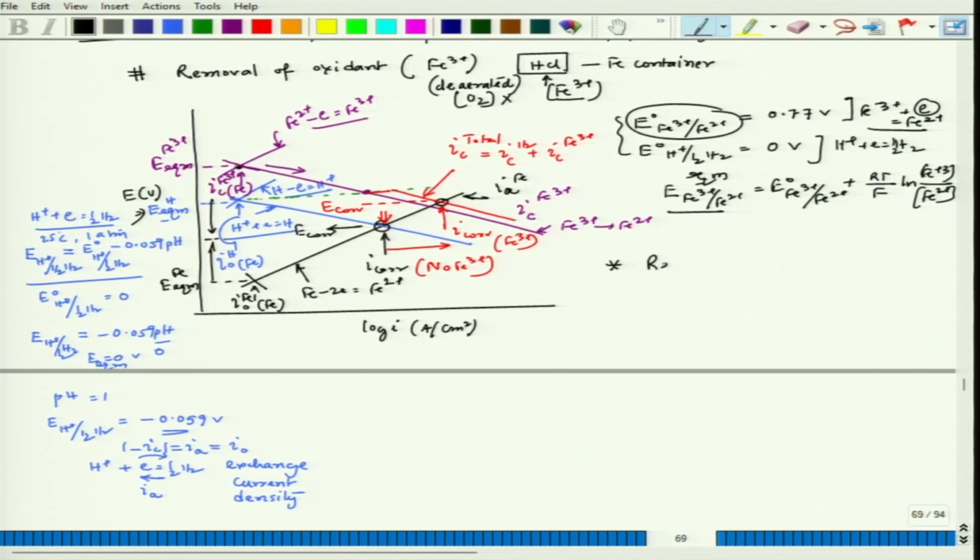So now we could see that if we remove oxidant, just like what we have given in this example, let us say iron 3+, we can actually reduce corrosion rate, or in other words it enhances corrosion resistance.